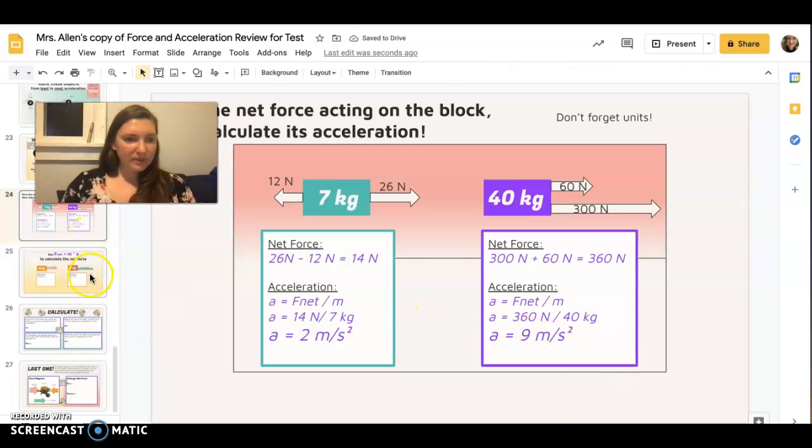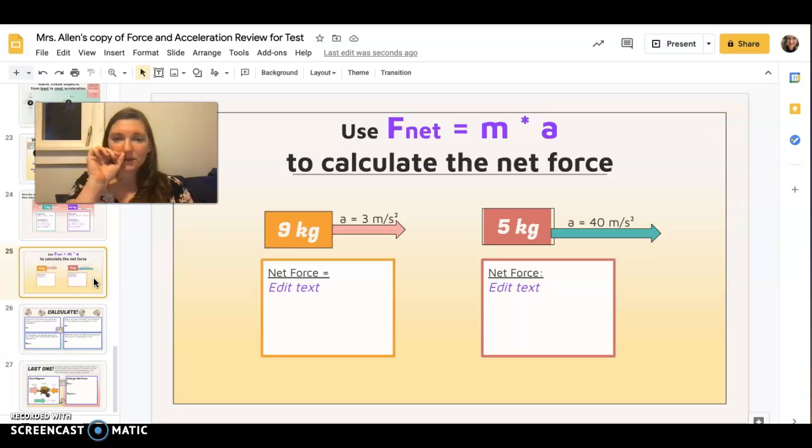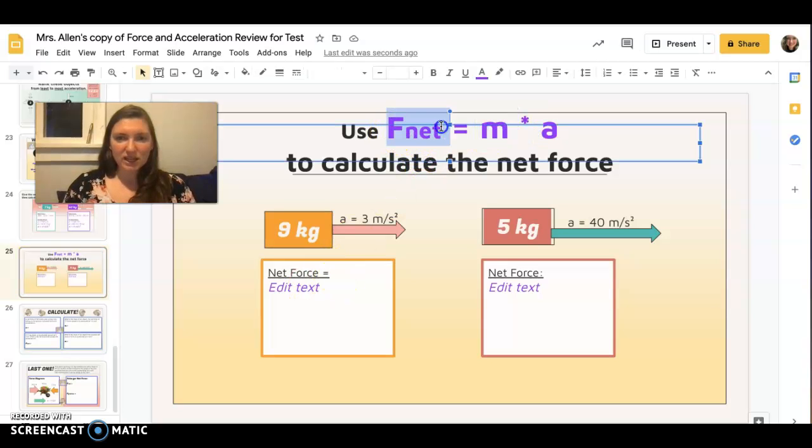Okay. Next one. Use F net equals m times a to calculate the net force. So now we have the acceleration and we have the mass. We have these two, so we just need to calculate net force. So this is going to be pretty easy. I'm going to copy this and then make it much smaller.